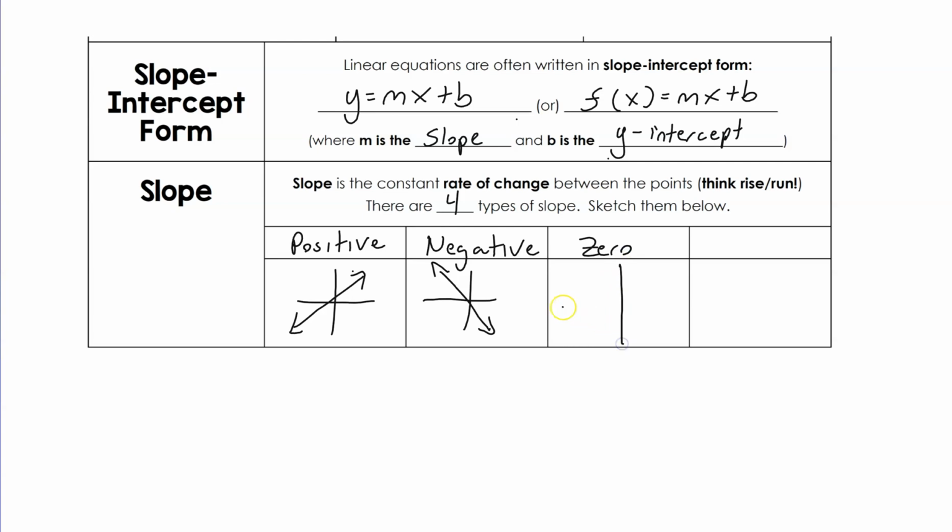A zero slope is just a horizontal line. And then we have our undefined slope. Our undefined slope is just that vertical line.